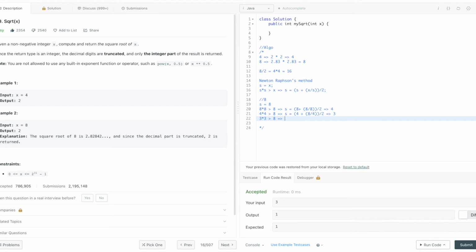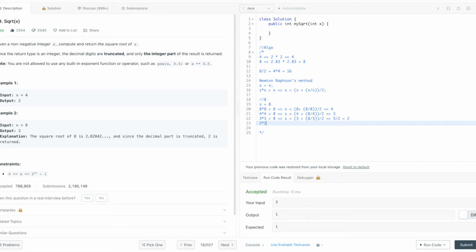Yes. So we reduce again. We say 3 plus 8 divided by 3, divided by 2. 8 divided by 3 would be 2 point something, so it's just 2. 3 plus 2 is 5. 5 by 2 is 2.5, so 2.